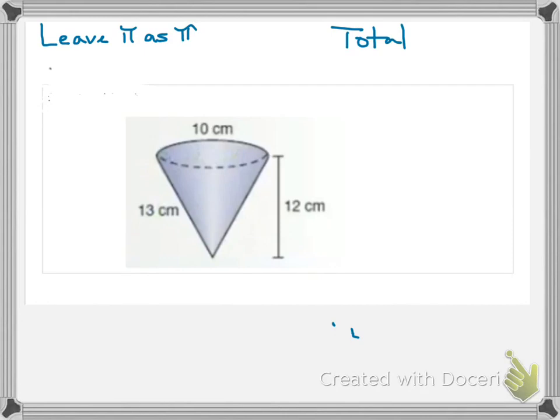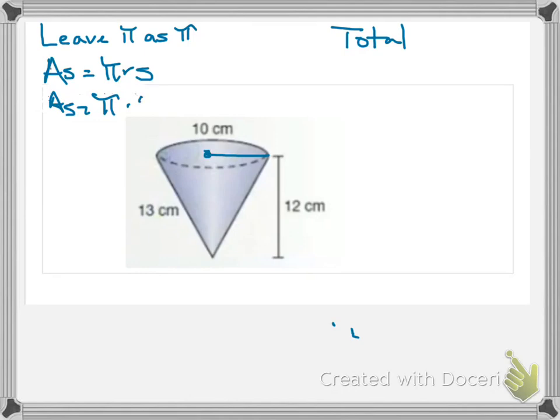Okay, lateral is, if we say A sub s is equal to, what did we just say? Pi r s. Okay, well, pi, we're going to leave pi as pi, so A sub s will equal pi times, what is my radius? They said the diameter was 10, but what is my radius?